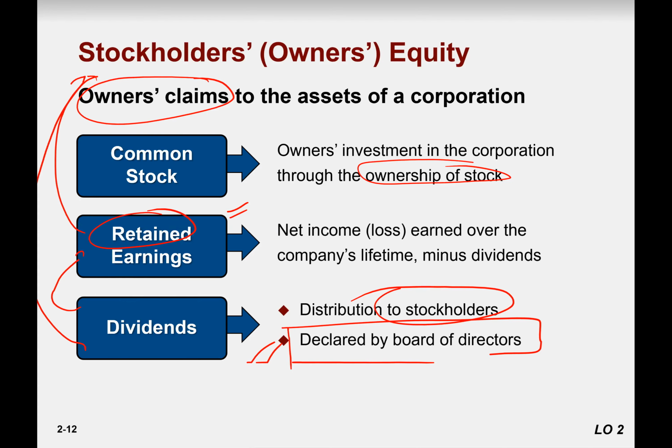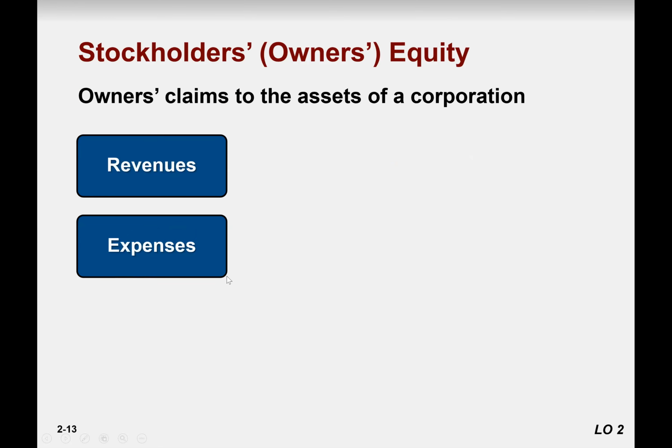Of the profit to 20% of the profit, 30%, 80%. So it is decided over there. And then the two more accounts that belong to stockholders' equity are revenues and expenses. So recall your discussion regarding retained earnings. Current year retained earnings is net income minus dividends.